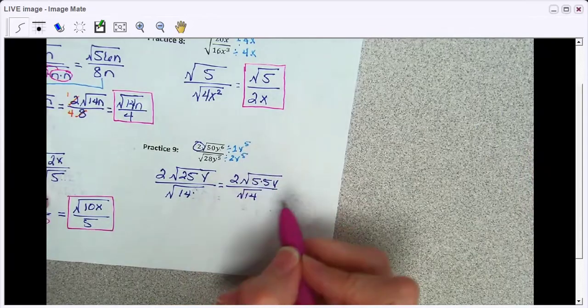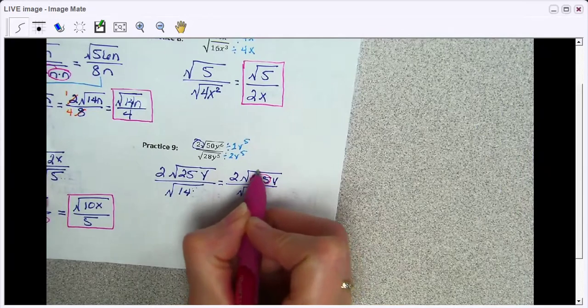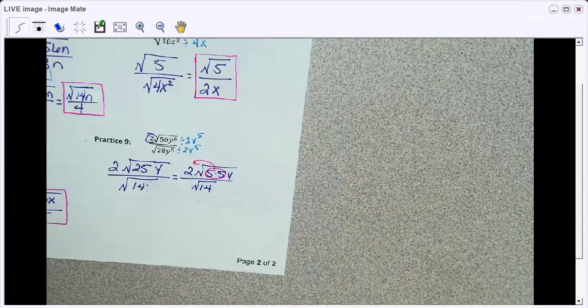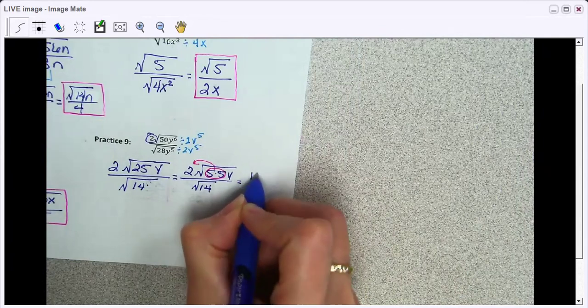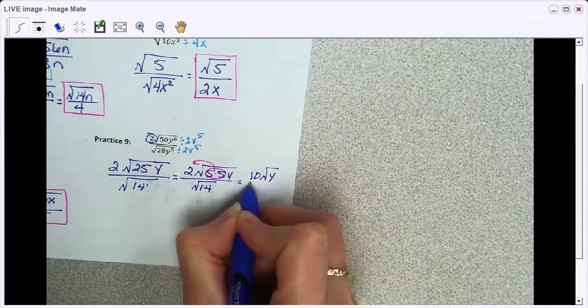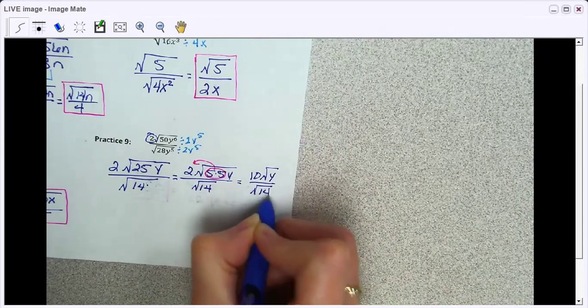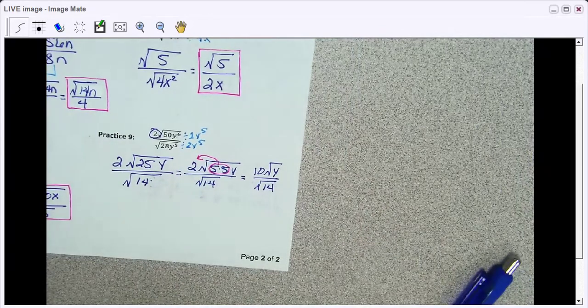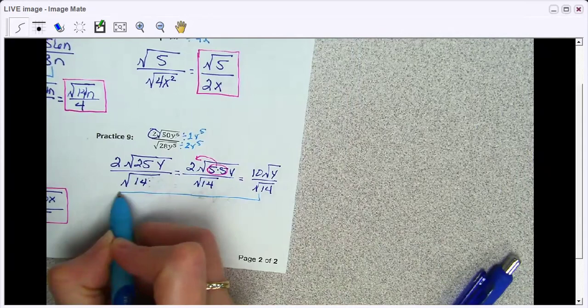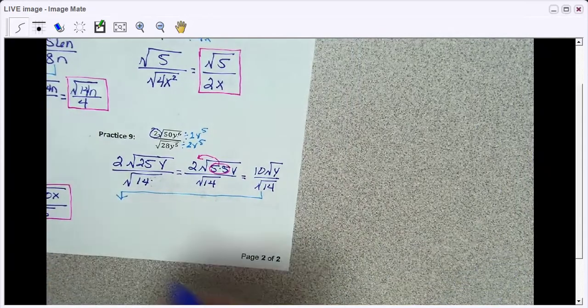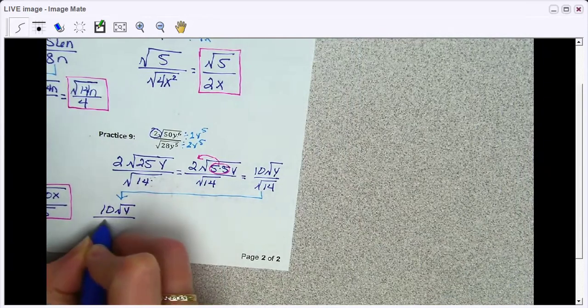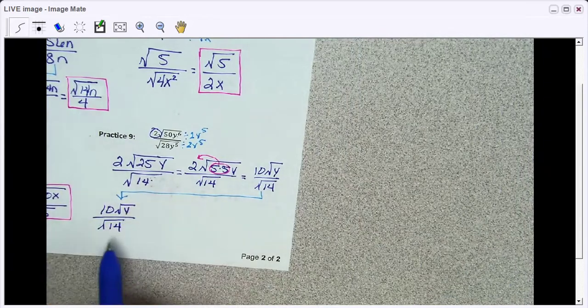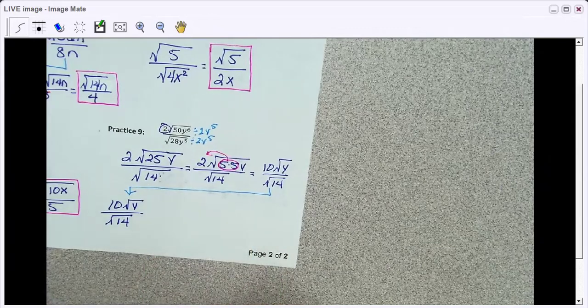So I'm going to pull out this group of 5 and multiply it by 2. So I end up with 10 square root of y over the square root of 14. And I'm going to come down here and rewrite this because I'm running out of space up there. Okay. 14 is factored out as 2 times 7, so you really can't pair any together.